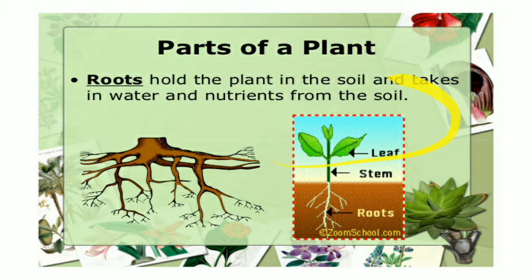Roots also hold the plant in the soil and take in water and nutrients from the soil. So children, you all understand about plants, where the plants get water from.